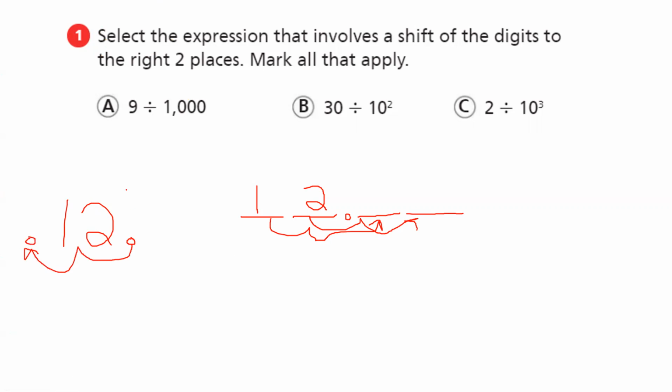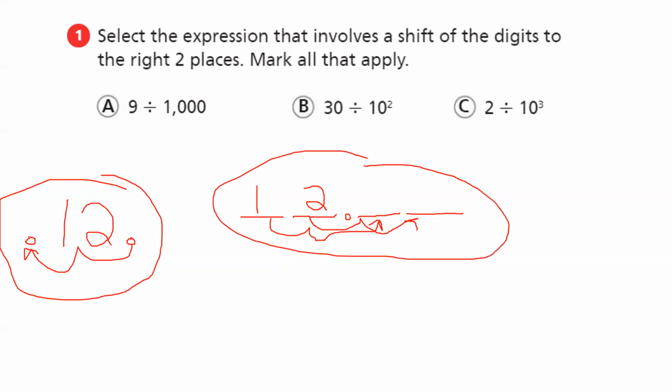So what operation would cause a number to change like this or like this, depending on how you're looking at it? Which one would it be? A, B, or C? The correct answer is B, because when you have 30 and you're divided by 10 to the second power, you have your decimal and you move it over once, twice.